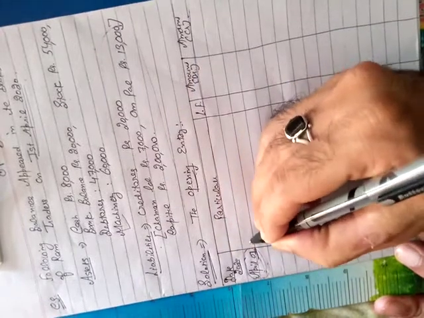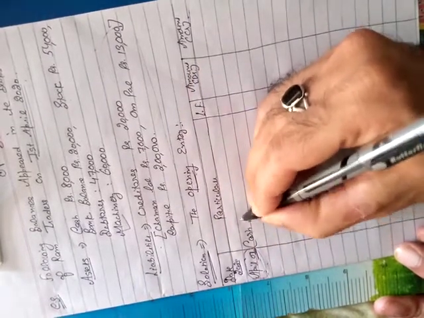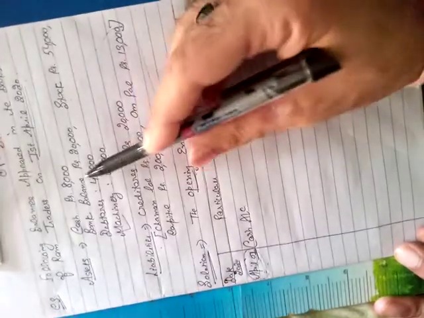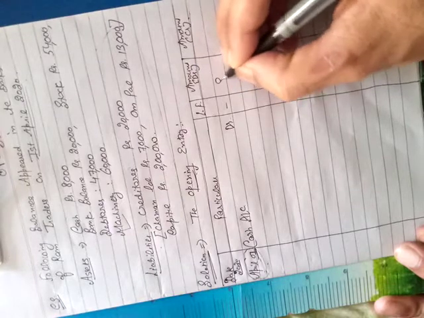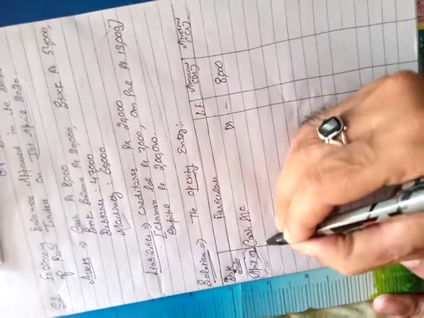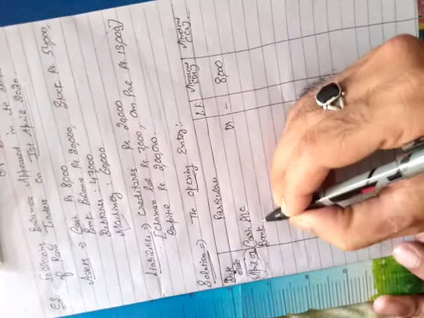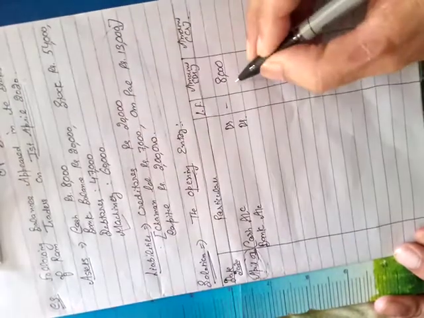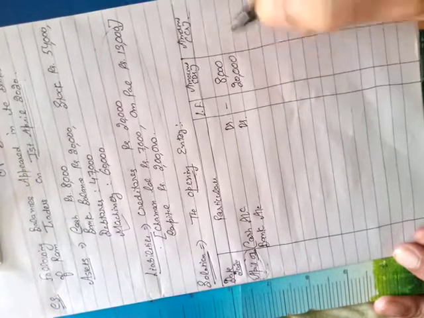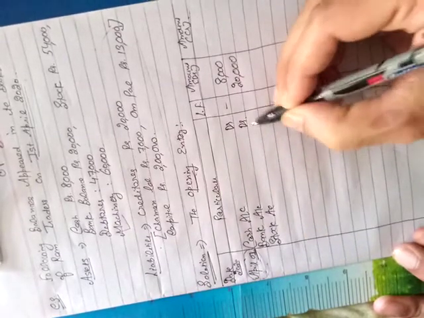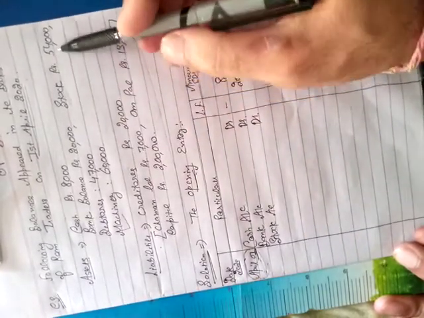The first asset given is cash. Cash account debited, amount is 8,000. Next is bank balance. Bank account debited, amount is 20,000. Stock is given, 54,000.